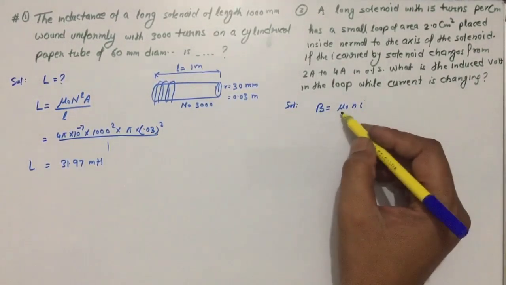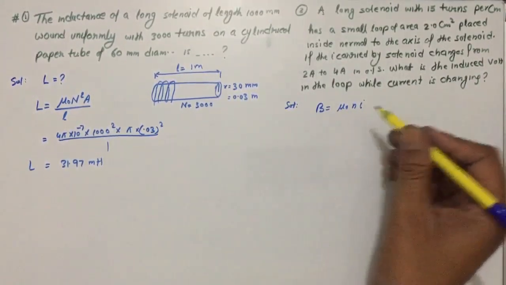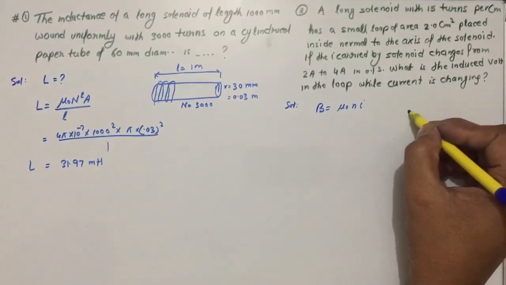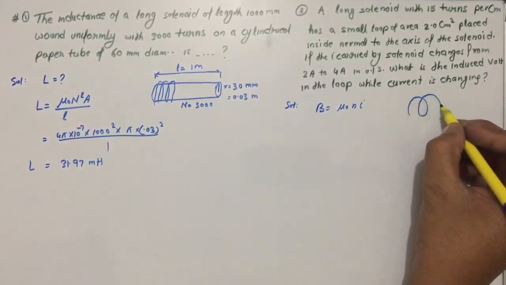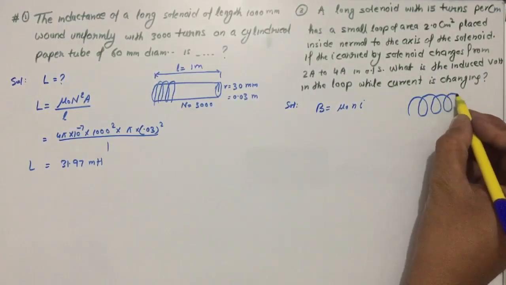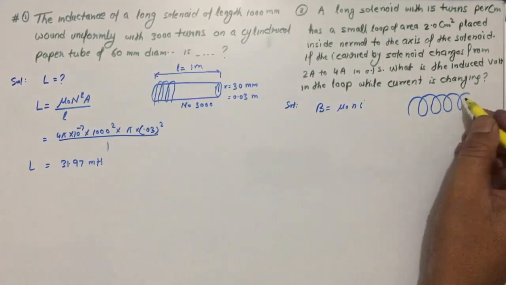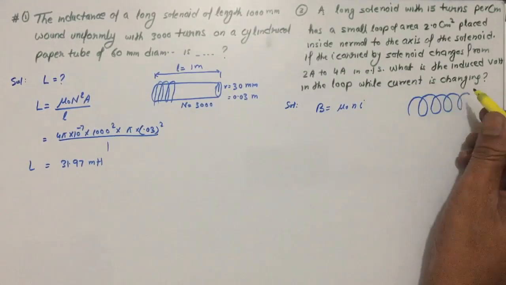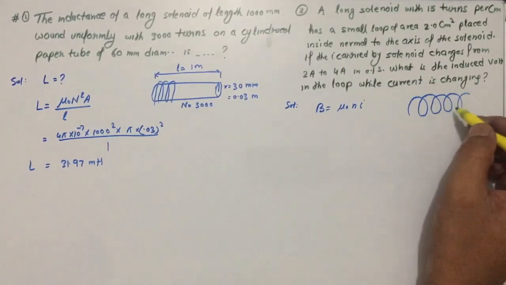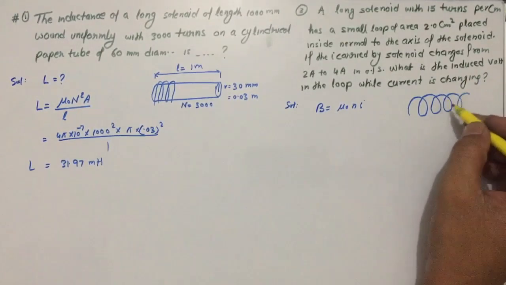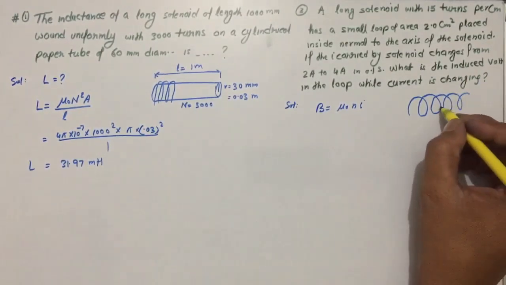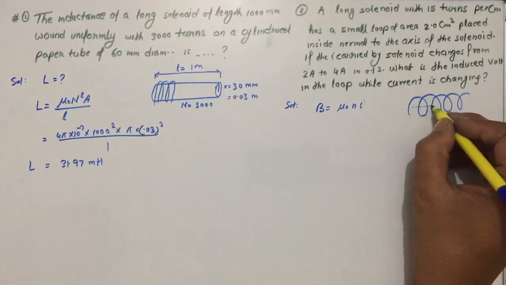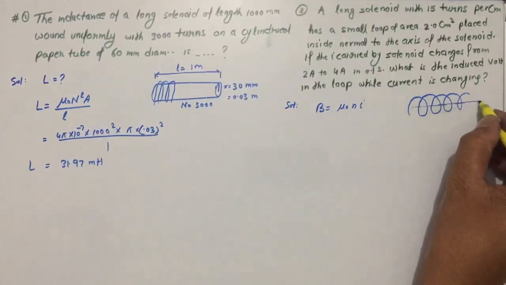Before coming to directly solving the problem, let us have a look at the image that is formed from here. It is said that this is the solenoid with 15 turns per centimeter, and due to this solenoid the flux is changing, and the axis of the solenoid is this.